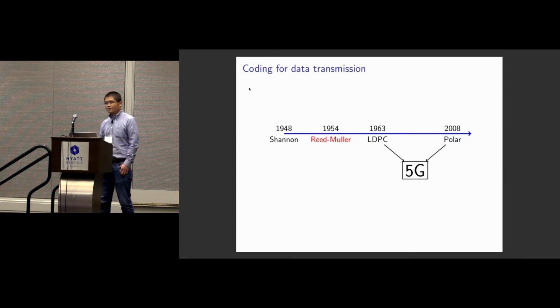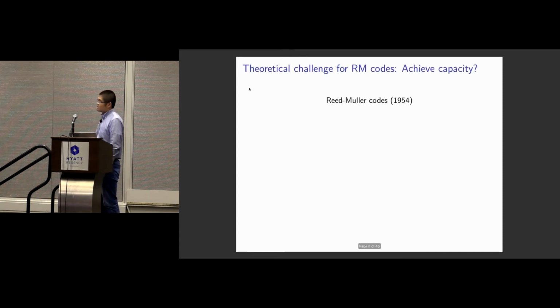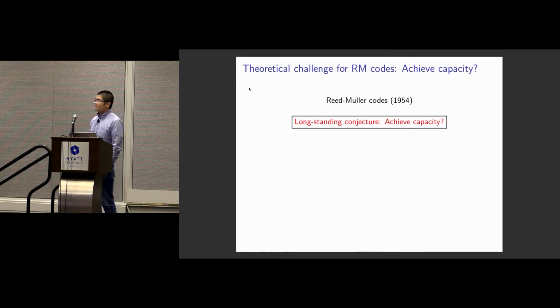Recently, people found that there are quite a few similarities between polar codes and Reed-Muller codes. So this recent popularity of polar codes also brought back interest in the study of Reed-Muller codes for the purpose of data transmission. And this study has been going on for at least more than 60 years.